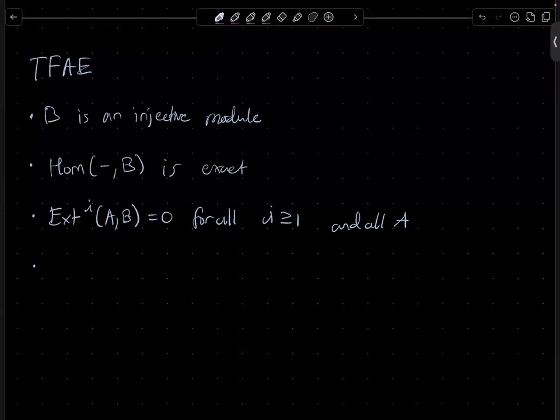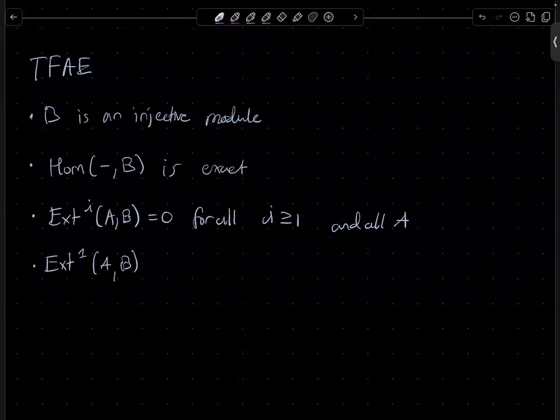Maybe just like before, it suffices to calculate one of them: Ext^1(A, B) is equal to 0 for all A.